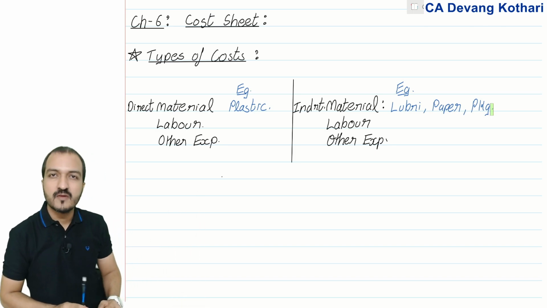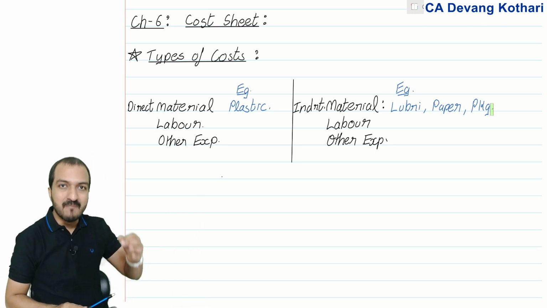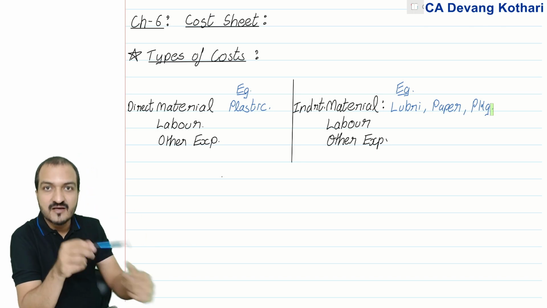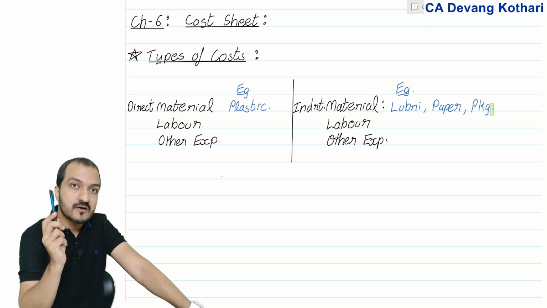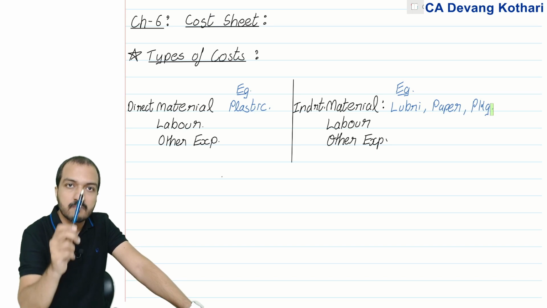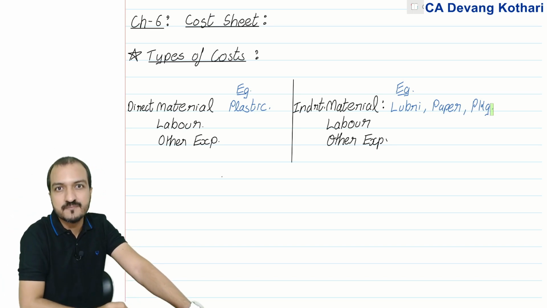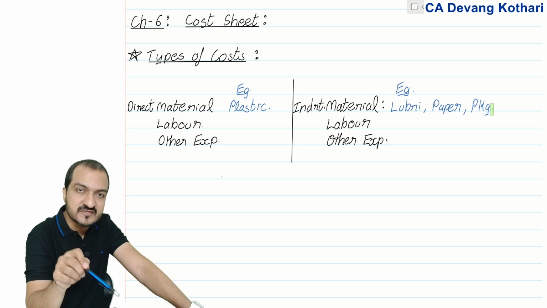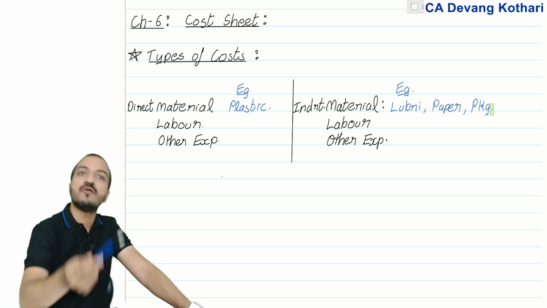Well, let me tell you, packing cost might be directly incurred on this pencil, yes, but it is not directly incurred for manufacturing this pencil. You see the difference? It is incurred after manufacturing the pencil.